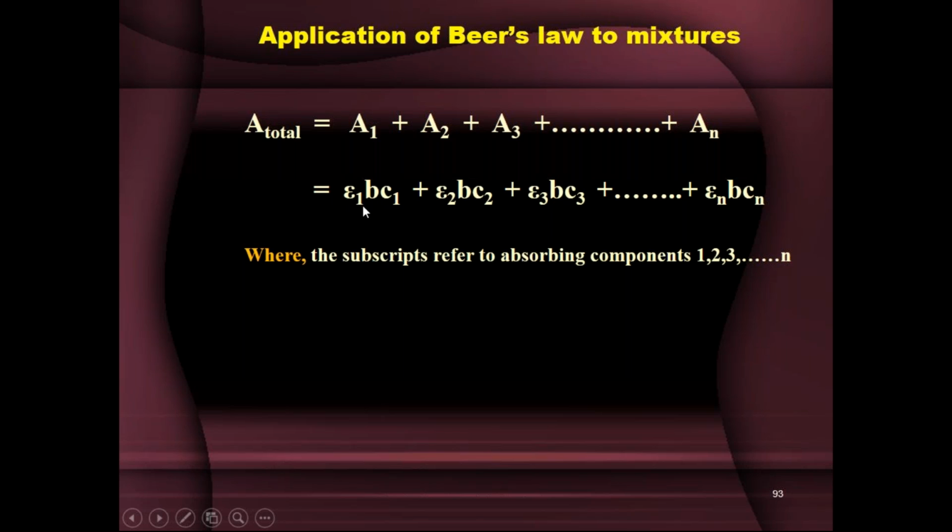Epsilon, why have we put subscript 1? Because as the substance changes, the epsilon value will change. Different substances will have different epsilon values. And that's why epsilon 1. I told you epsilon is characteristic of the substance. So this substance has its own epsilon value. C1, we are trying to find the concentration of the component.